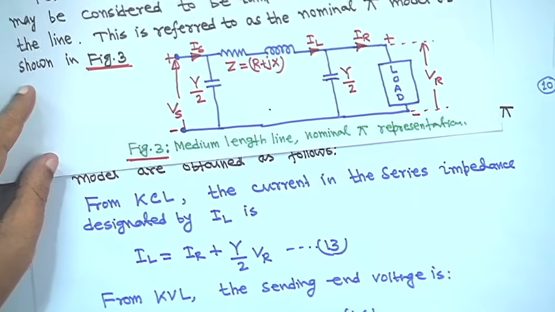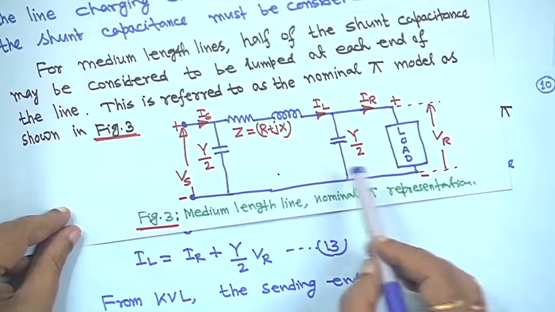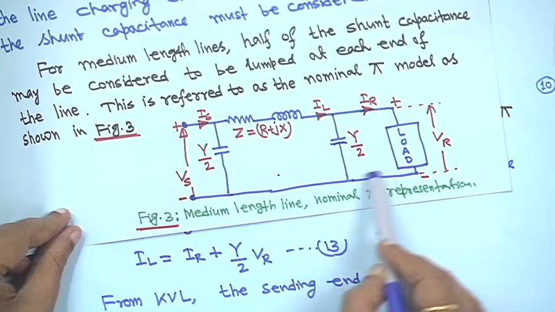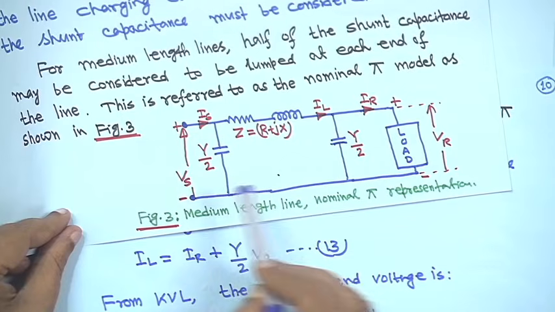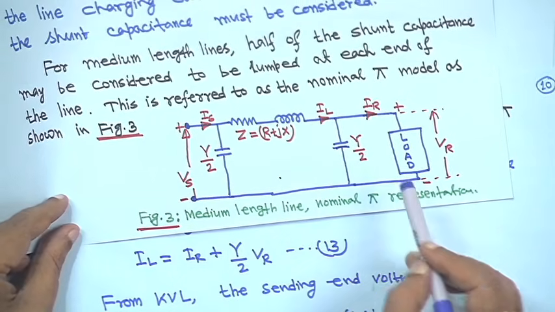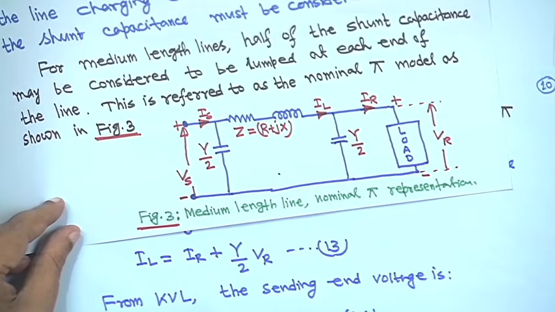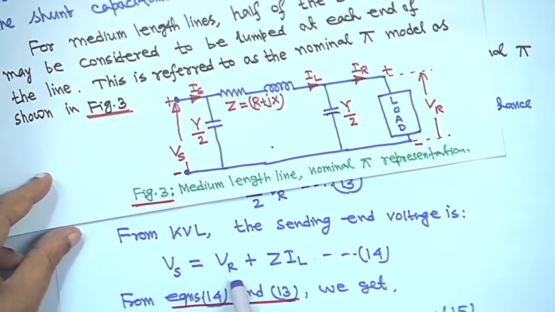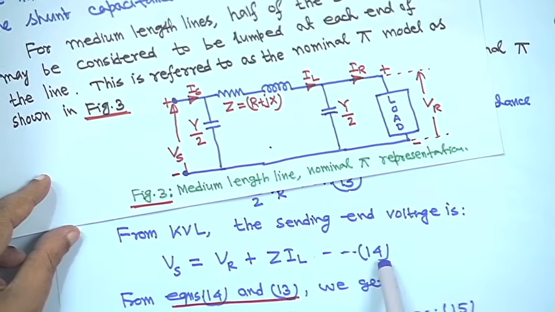From KVL, in this loop, the sending end voltage is Vs is equal to Z into IL plus Vr. So Vs is equal to Vr plus Z into IL, equation 14, right.